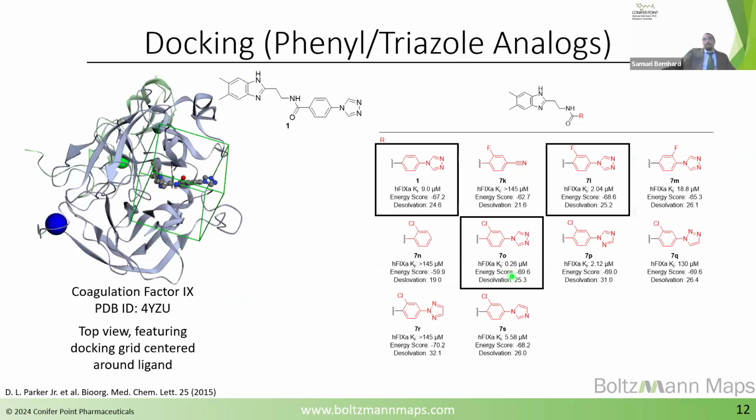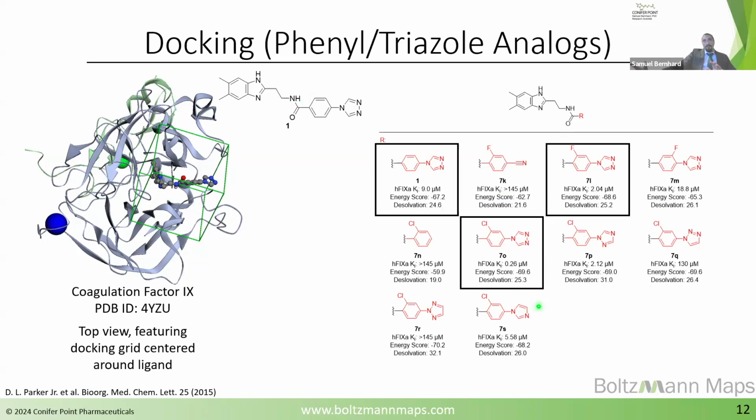So previously we looked at benzimidazole analogs. Now we can also look at the other side of the molecule for phenyltriazole modifications. Analogs on this side of the molecule feature fluoro and chloro modifications to the phenyl, as well as variations to the triazole configuration. Additionally, there's an imidazole that's been presented here.